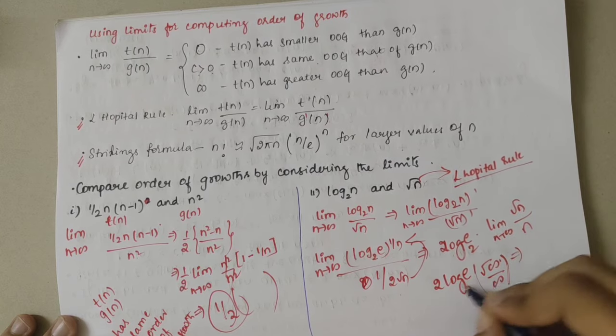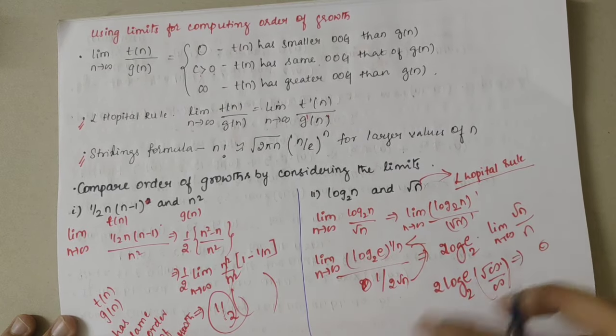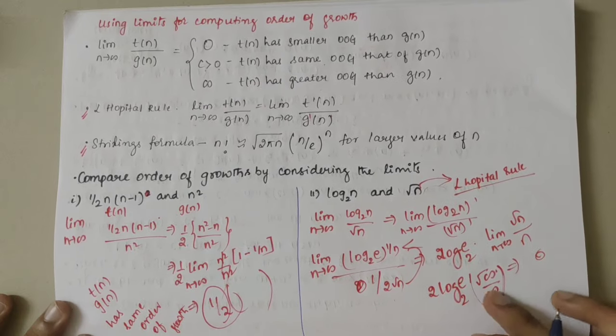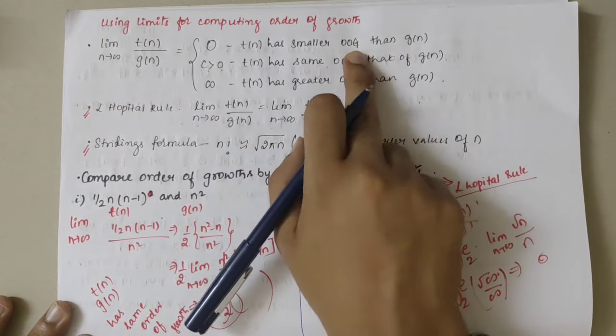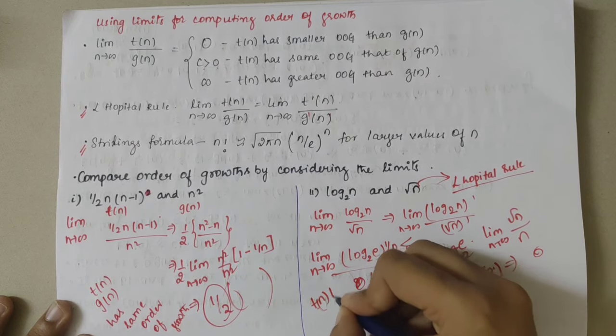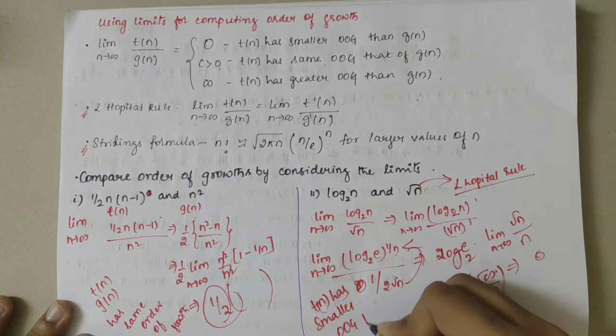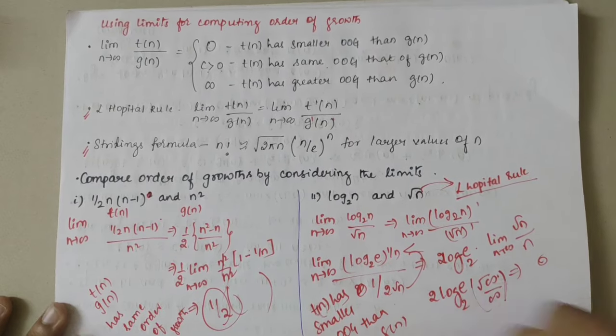If I apply the limits, it will turn out to 0. This entire thing would result to 0. If this entire thing results to 0, then t of n has smaller order of growth than g of n.